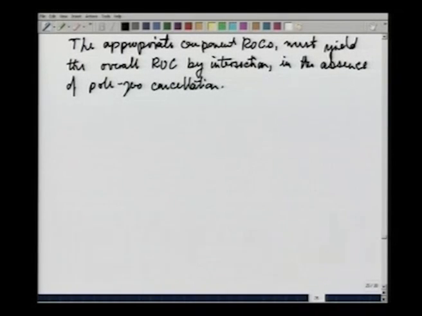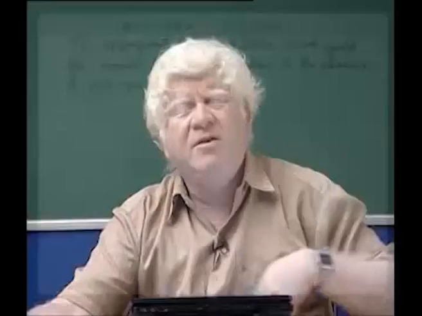Fine. In order to get further insight into the behavior of the ROCs and their properties, we shall now investigate some properties of the ROC.